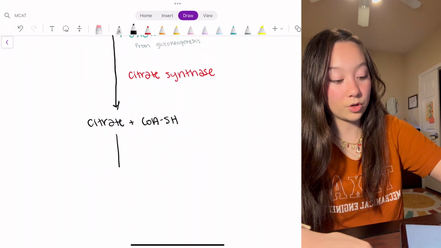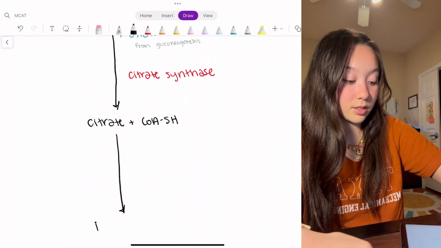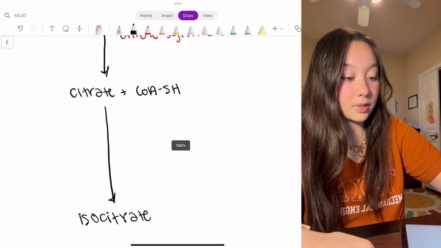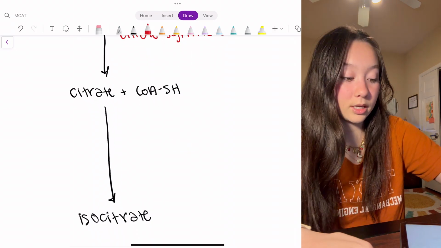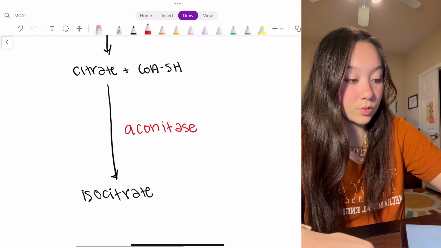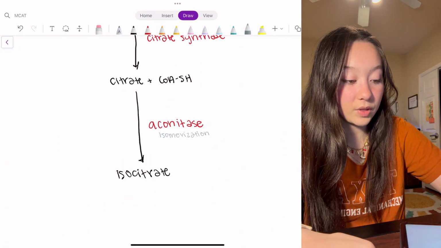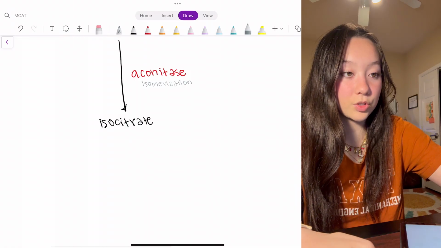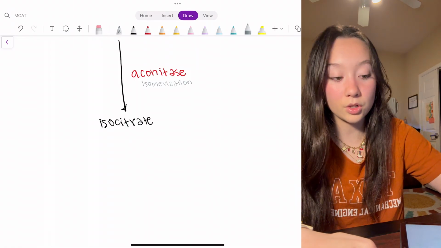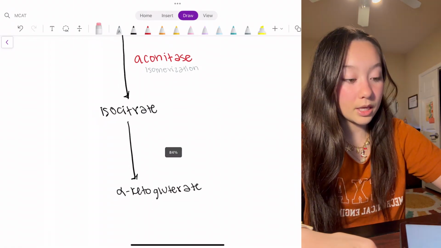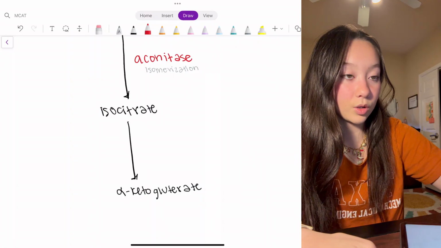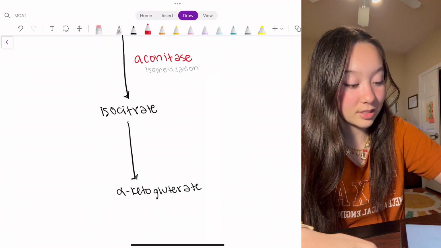From here, we are forming isocitrate. And the enzyme that catalyzes this is called aconitase. And as you could tell by the names already, this is just an isomerization, a fairly simple step. And from isocitrate, we are going to form alpha-ketoglutarate. And the enzyme that catalyzes this is called isocitrate dehydrogenase.